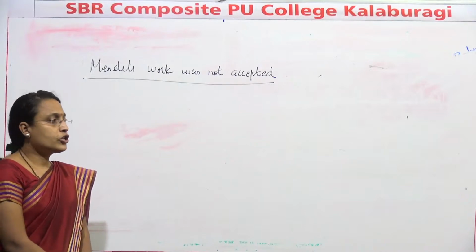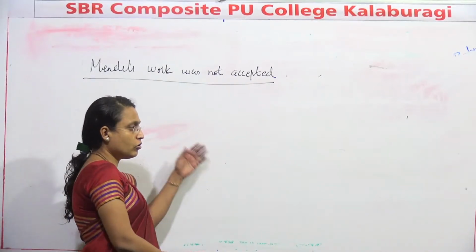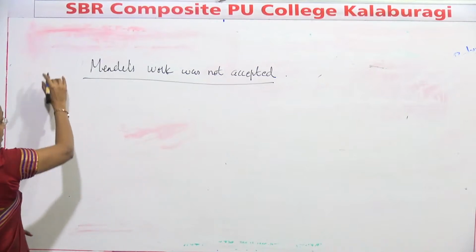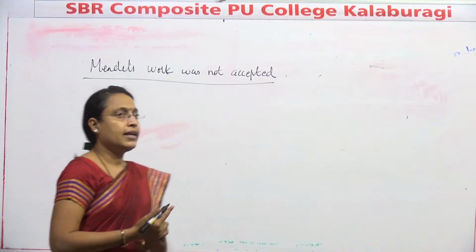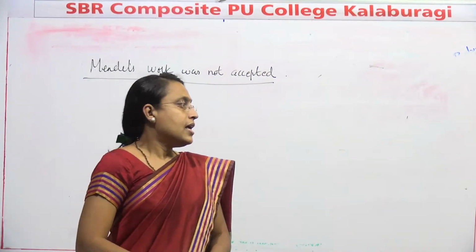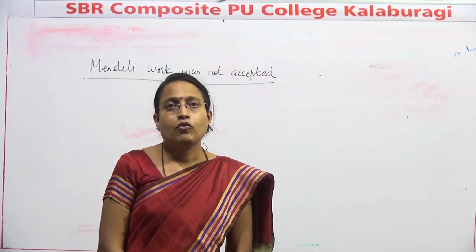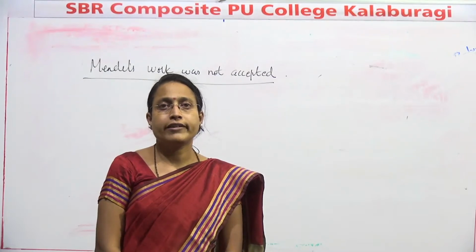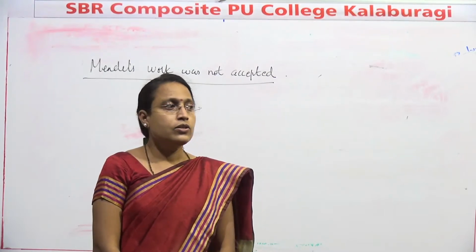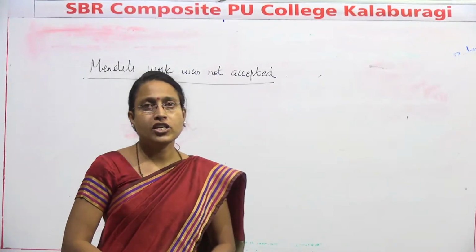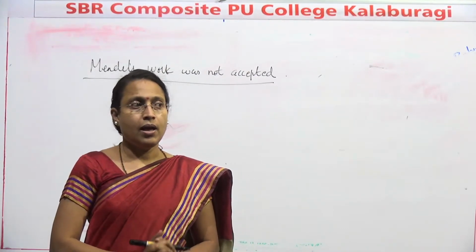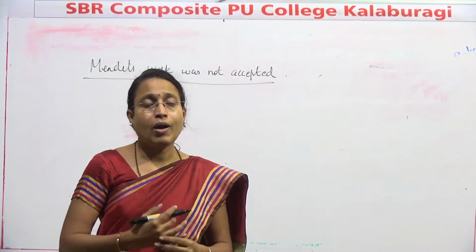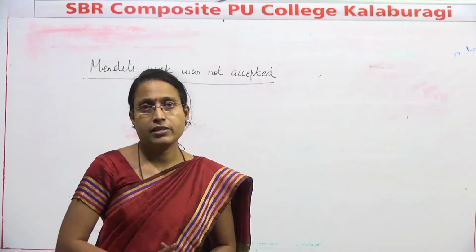Mendel's work was not accepted because of the following reasons. Original reasons why Mendel's work was not accepted. So Mendel died in 1884. Even after his death, his work was not recognized. Okay, so people did not acknowledge his work. But now, what is the reason why his work was not accepted?